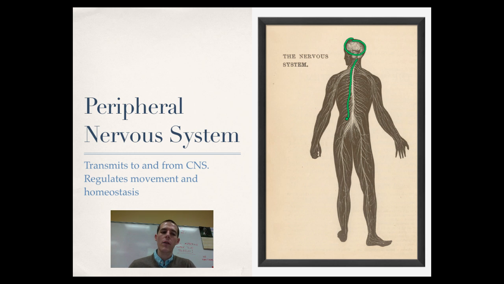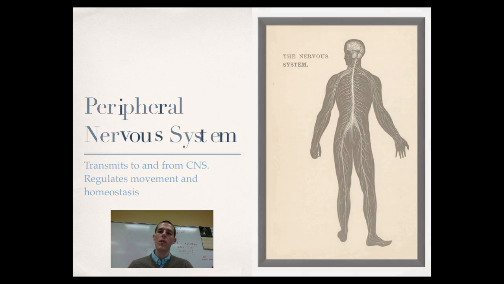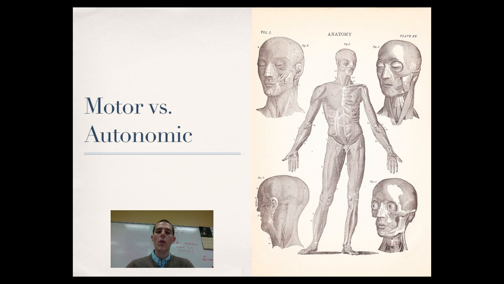Everything that is not brain or spinal cord is peripheral nervous system. So all those other branches you see branching off to the sides are what is known as the peripheral nervous system. And that peripheral nervous system can be broken down into two categories, and then one of those will be further broken down.